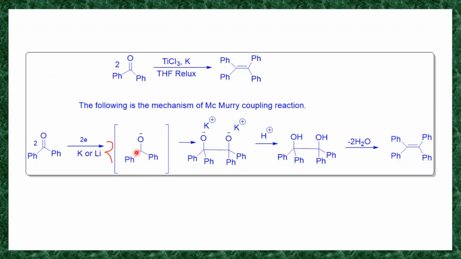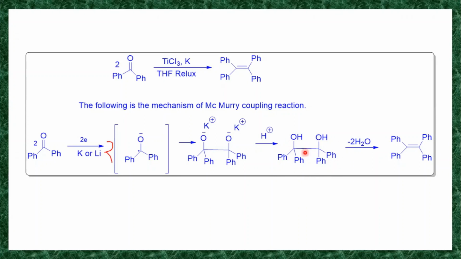These two radical ions undergo coupling, and you will get this coupled product. Then in the coupled product you have an oxygen ion. This oxygen ion takes a proton from solvent and converts to OH, and you will get this 1,2 diol.